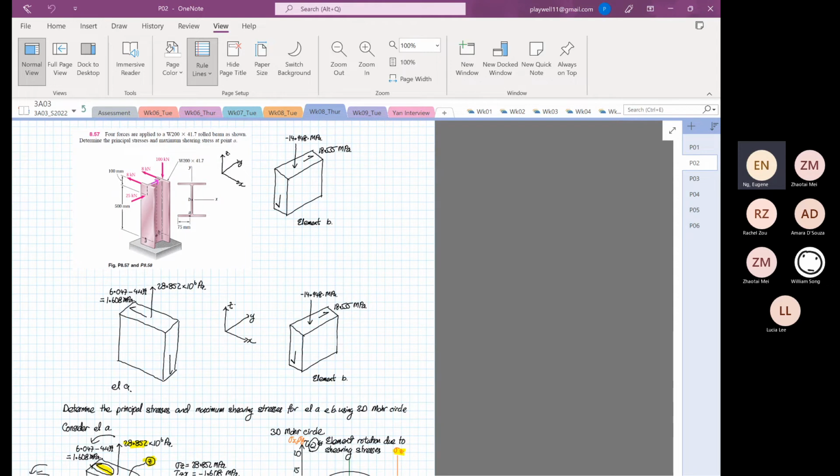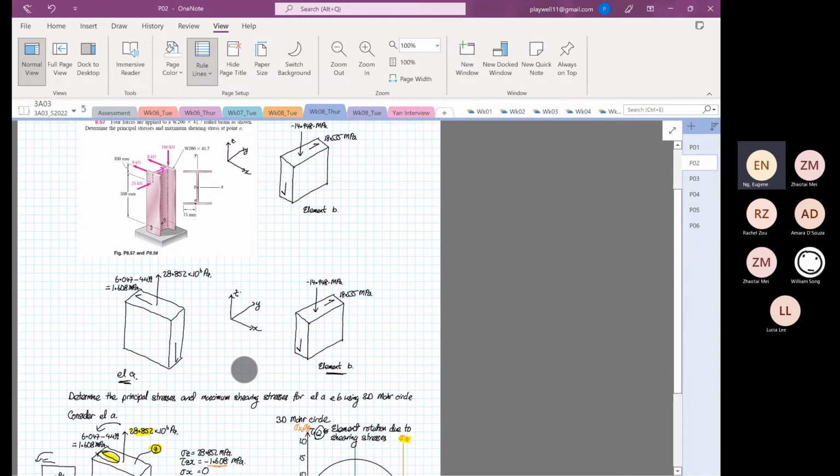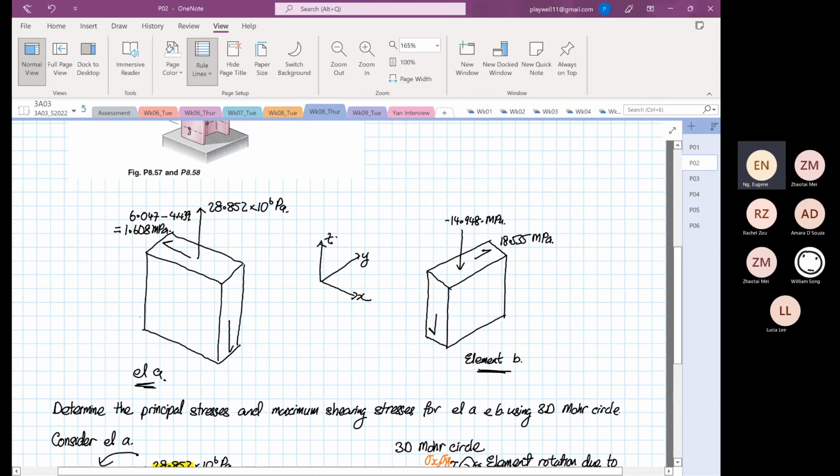This is our element A and our element B. All the biggest areas that you see are our in plane, and this is also our in plane in element B. So in element A, the in plane is on your XZ plane, whereas for element B it is your YZ plane, as you can see.